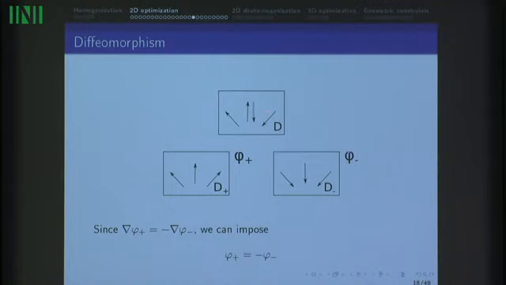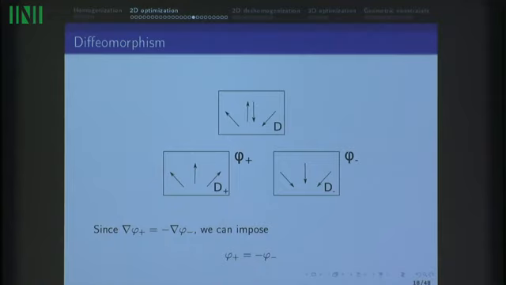So we know that we can orientate consistently these arrows in the whole domain. So I can choose this kind of orientation or this kind of orientation, for example. And for both, I can compute a diffeomorphism. So I have two copies of my domain D, where the orientations of the arrows are the same up to the sign.